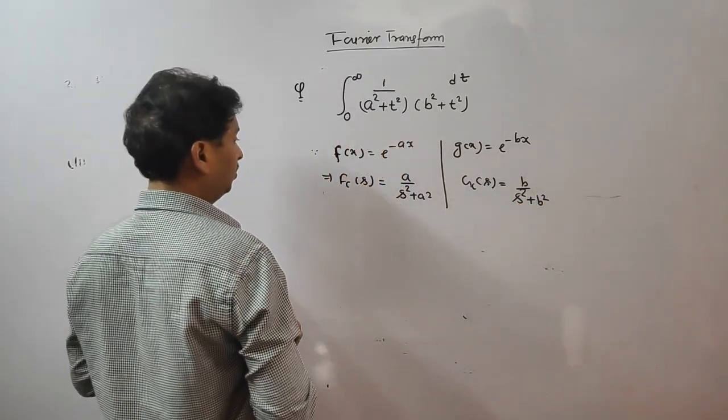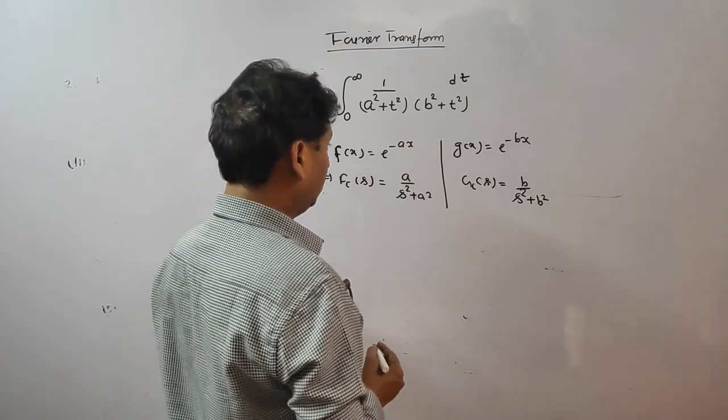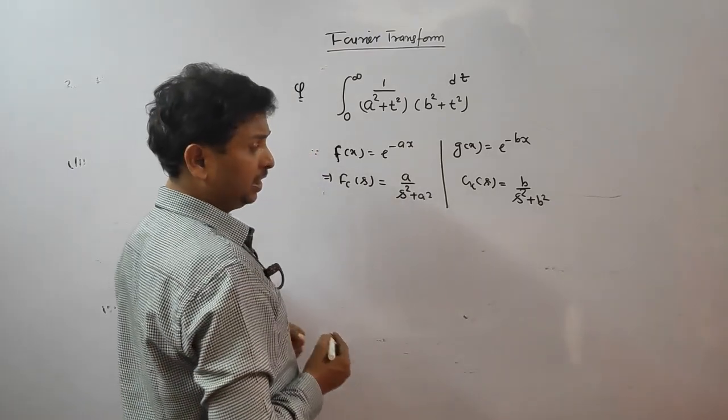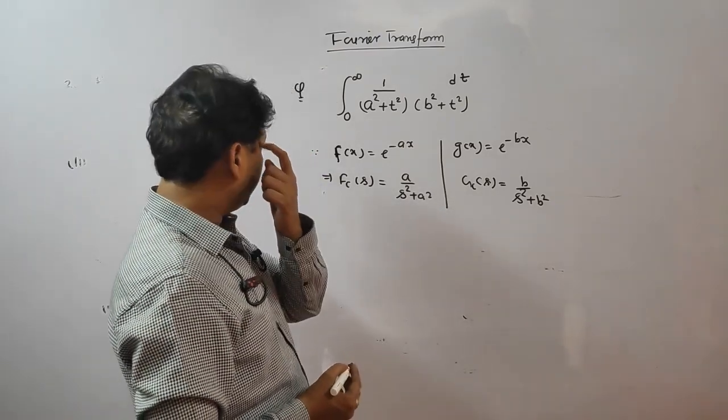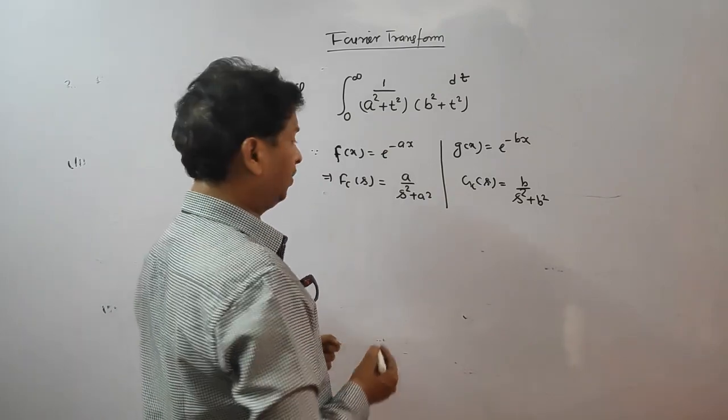So now which Fourier transform do we use? The Parseval identity for the Fourier cosine transform.